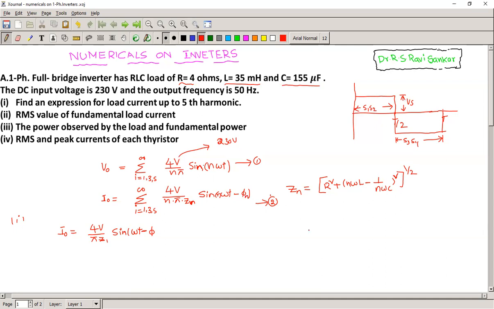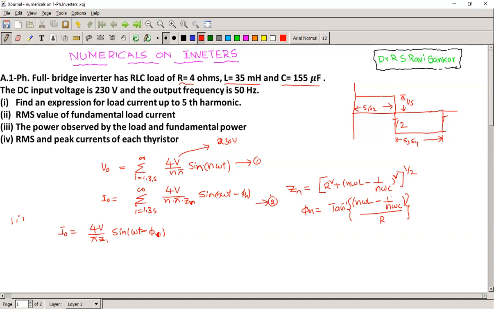Sorry, phi n. We have to define the phi n also. Phi n equal to tan inverse of n omega L minus 1 by n omega C whole divided by R. So here this is the phi n.